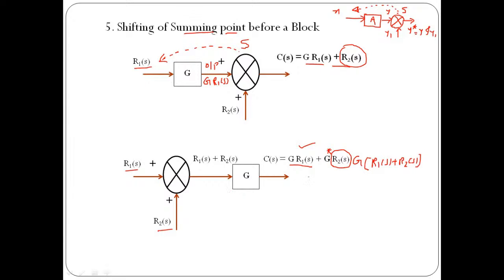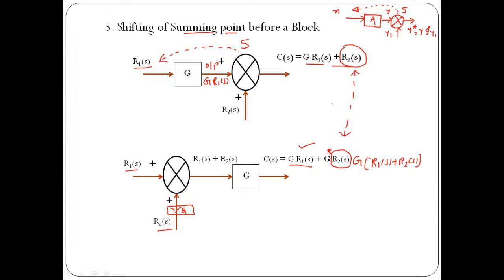So to make the output in both cases the same, what we need to do here is suppose we add one block of gain exactly equal to 1 by G. Then we will get the same output which is required with respect to our base case.